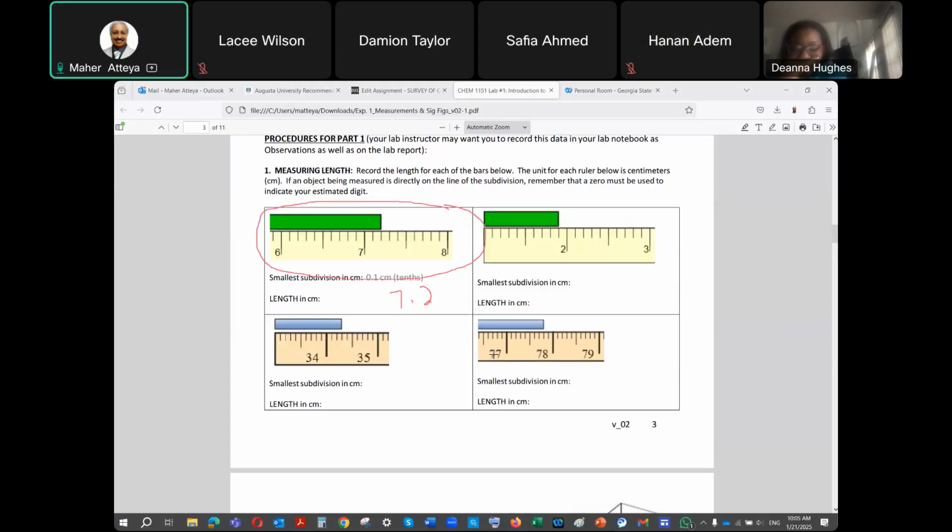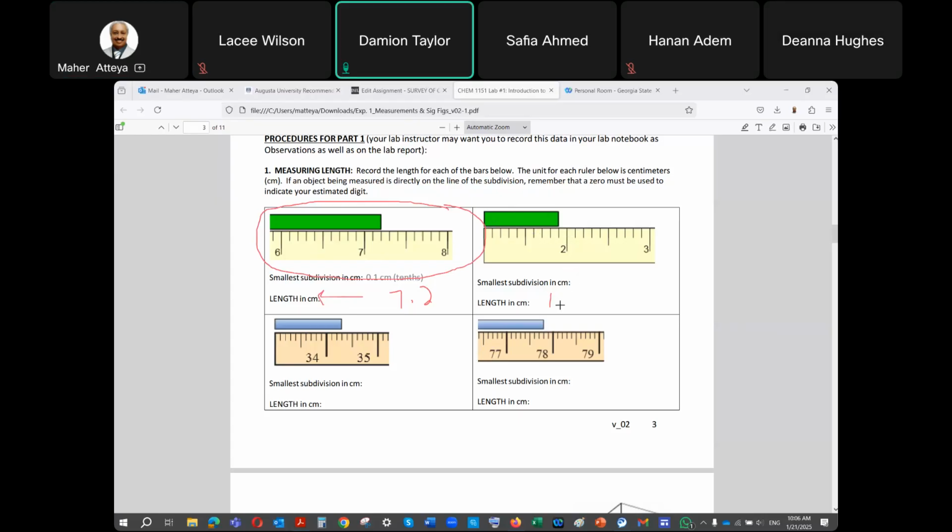And since you don't know the next digit, 7.2 is okay. How about this one here? 1.9. 1.9.